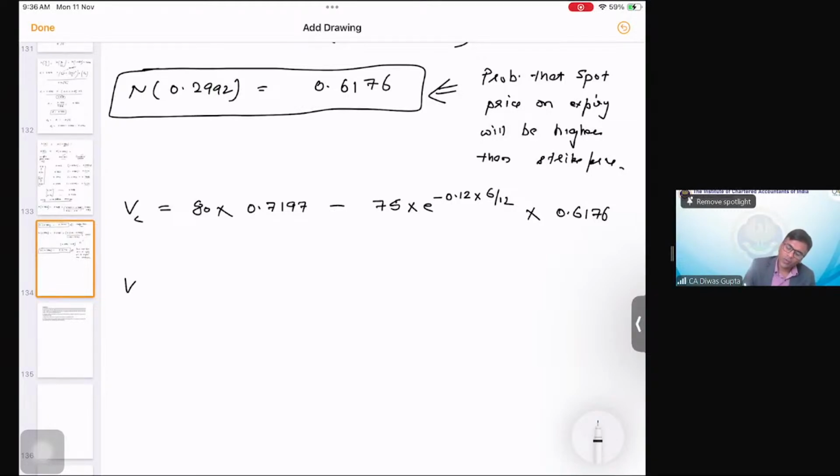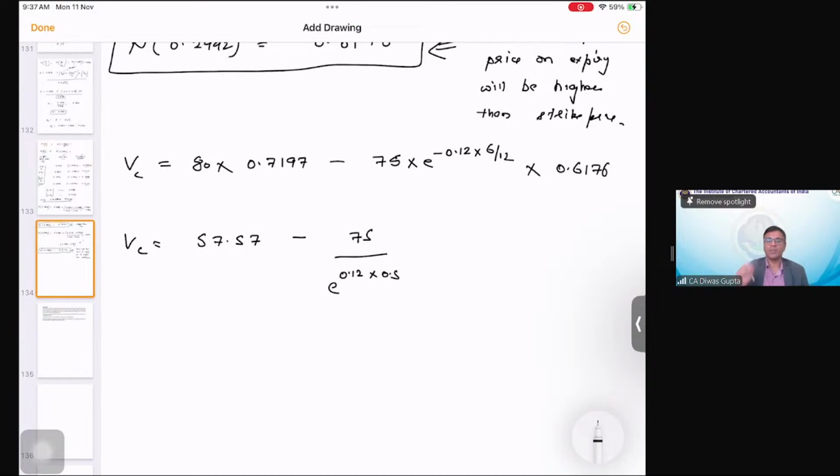So the value of call option is 57.57 minus 75 divided by e raised to the power 1.2 into 0.5. Why have I done divided by? Because it's a property. If e is raised to the power minus, you can get the entire value in the denominator and the minus will be removed.